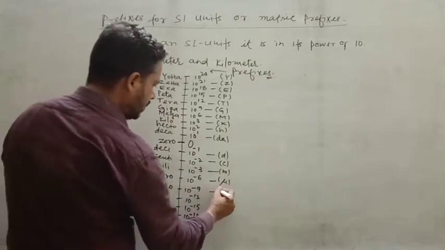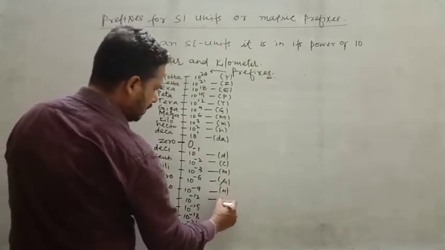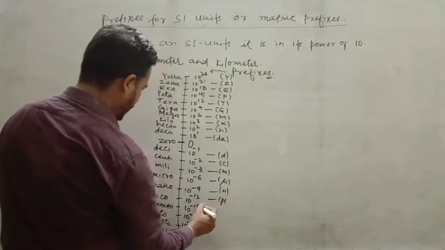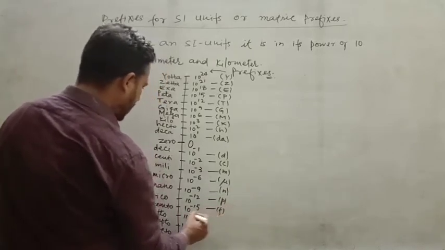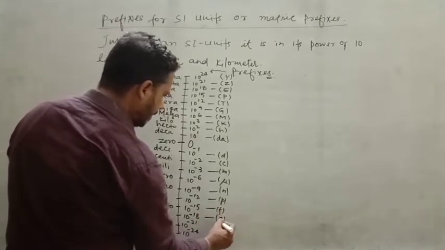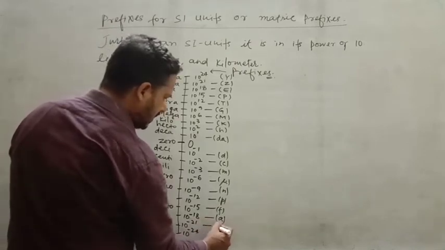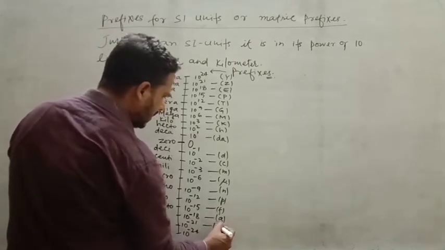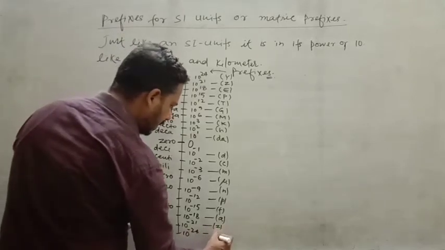Nano by a small n. Pico by small p. Then femto by small f. Atto by small a. Then zepto by small z. And then yocto by small y.